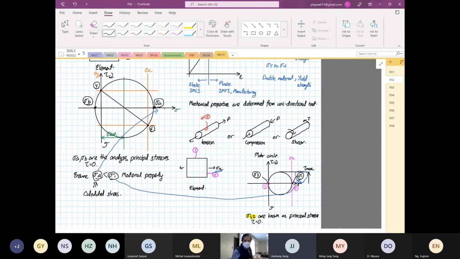So what you calculated has to be less than the material property. If it's higher than the material property, we're going to have some trouble. Okay, thanks.